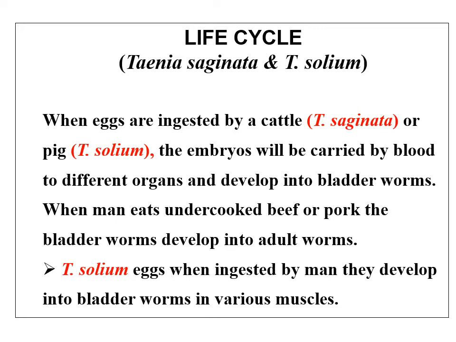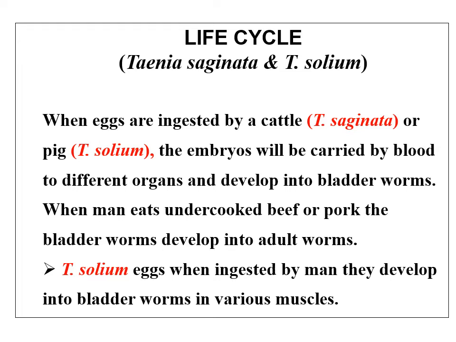So when man eats undercooked beef or pork containing those bladder worms, the meat will be digested and the bladder worm will be released. So the scolex will be coming out and attaching to the intestine. It loses the bag and starts to feed to become another parasite.